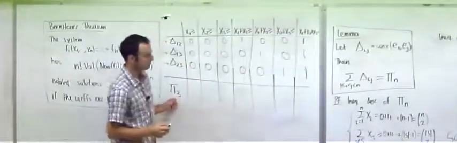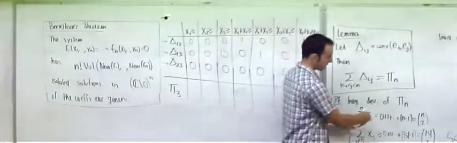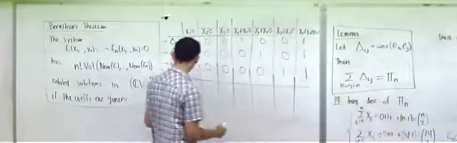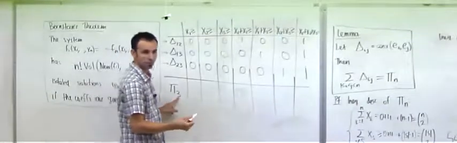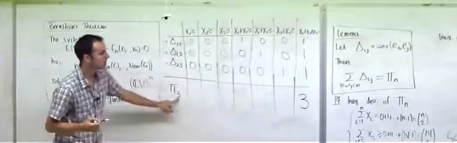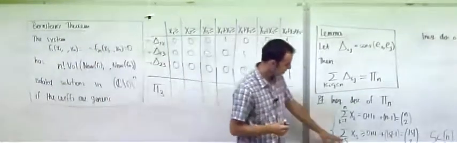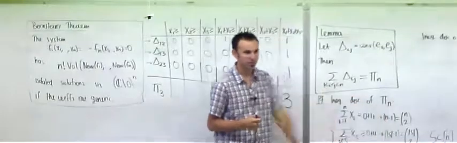Well, for pi 3, this is the system of inequalities, right? So the sum of the variables should be n choose 2. 3 choose 2 is 3. And for these guys, it's the number of elements of S choose 2.